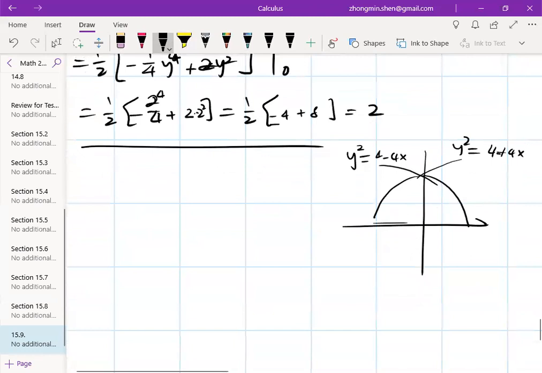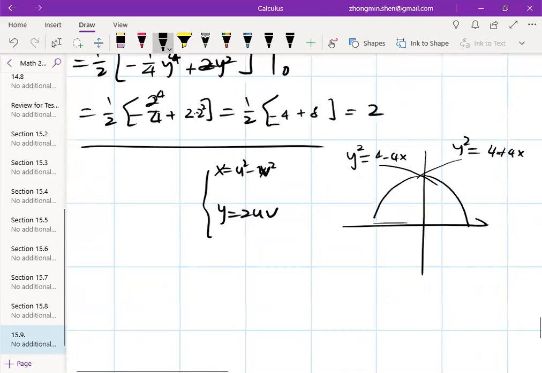All right, so the map we're going to use is x equals u squared minus v squared, y equals 2uv. So we have to determine the region.